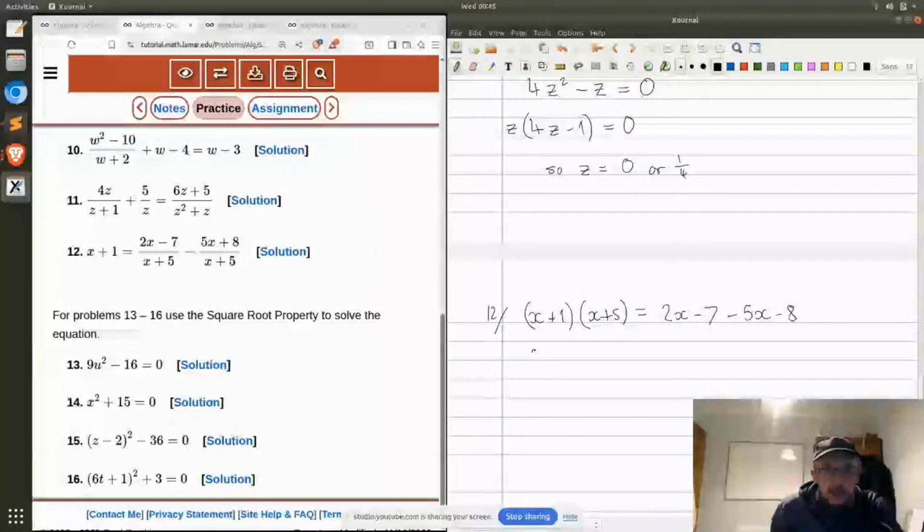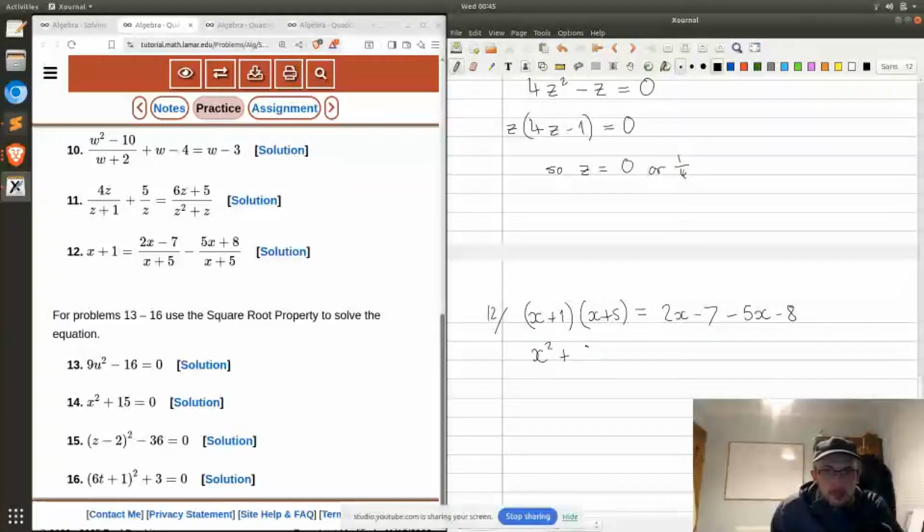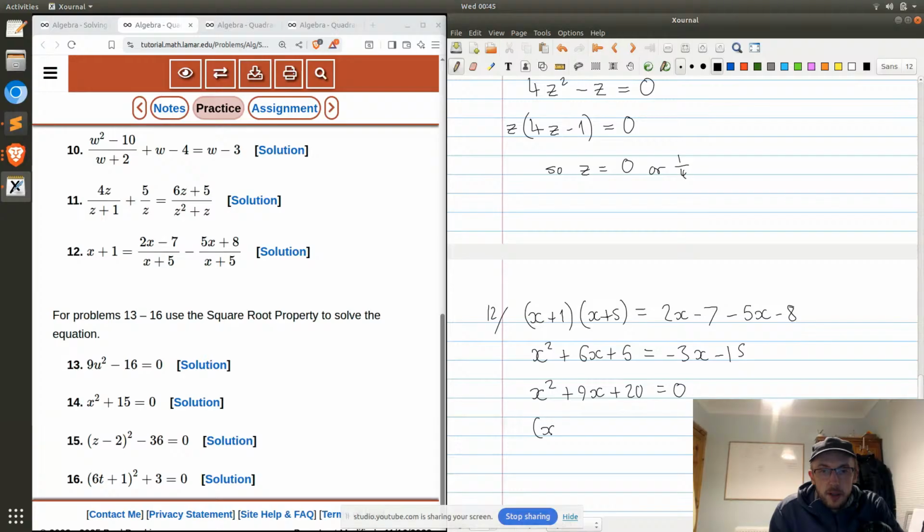And now we expand. And we bring it all together. And we factorize. And we solve.